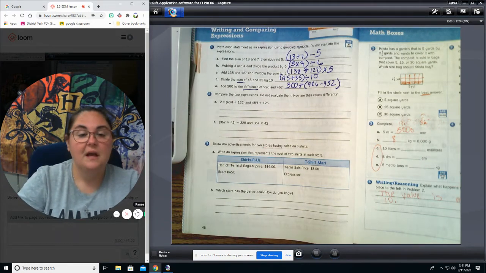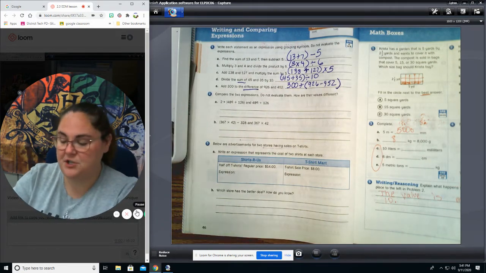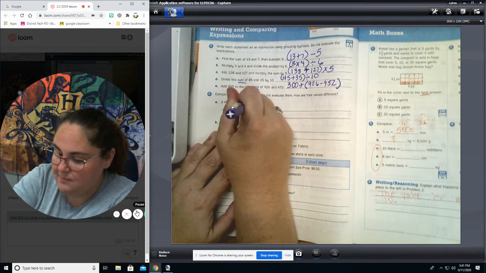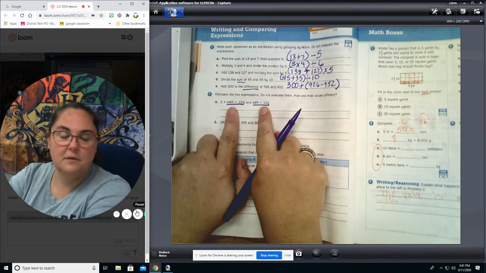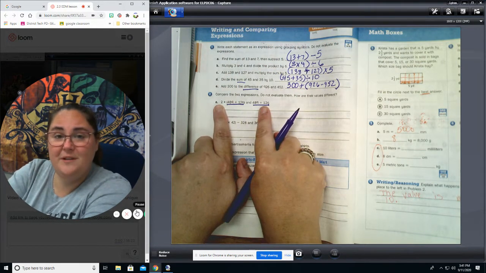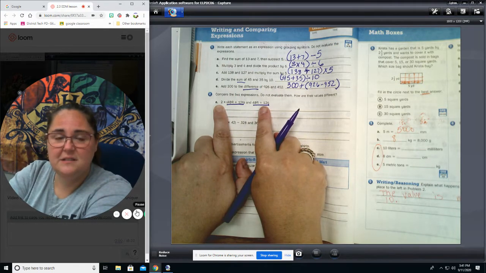There you go. All right, compare the two expressions. So I noticed that this expression and this expression both have the same numbers. But this one is multiplied by 2. So which one is bigger? And why?